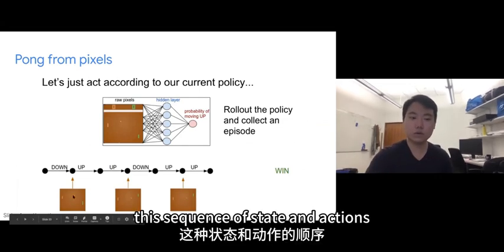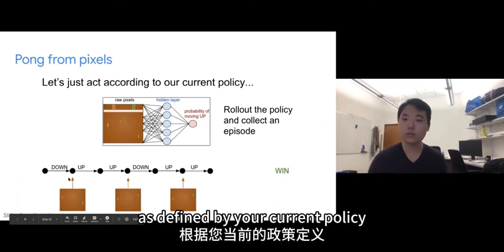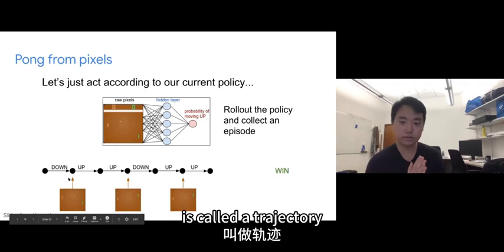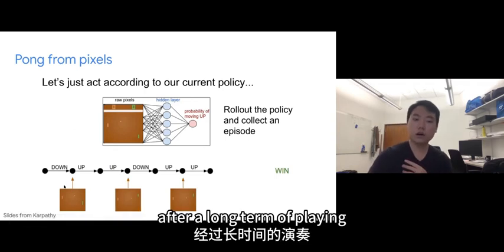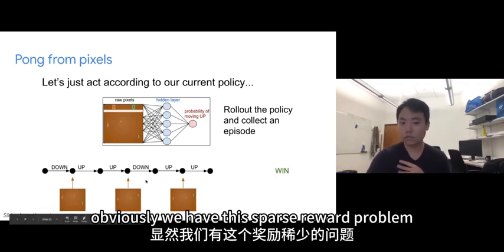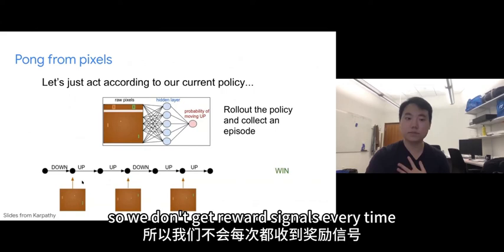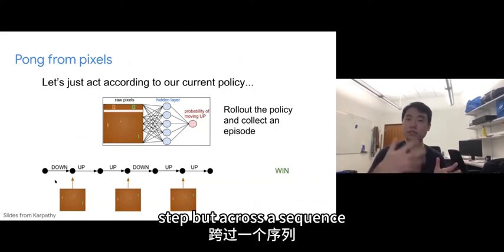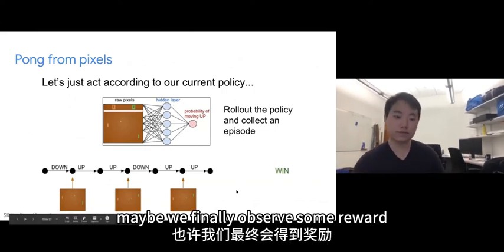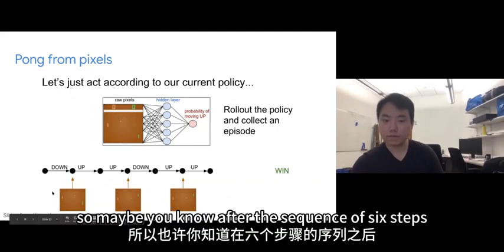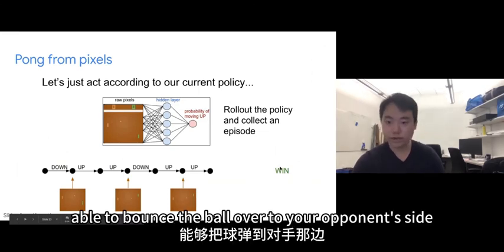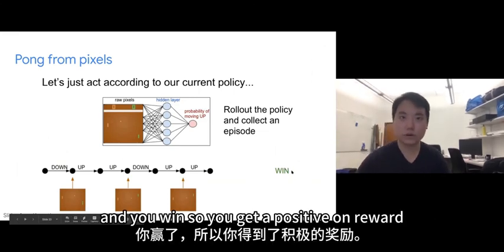If you recall, this sequence of states and actions as defined by your current policy is called a trajectory. So after a long time of playing, obviously we have this sparse reward problem in reinforcement learning. We don't get reward signals every time step. But across a sequence, maybe we finally observe some reward. So maybe after a sequence of 6 steps, you are able to bounce the ball over to your opponent's side and you win. So you get a +1 reward.